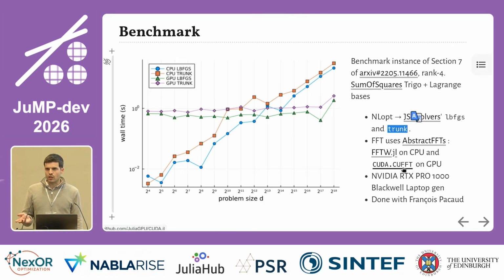Because these solvers actually work on the GPU, we could benchmark by increasing the size of the polynomial up to almost 1 million. And it worked. You could see that the GPU time is basically constant because the sizes are too small, and the CPU is faster for small sizes, and then it increases. Okay, that's it for me.